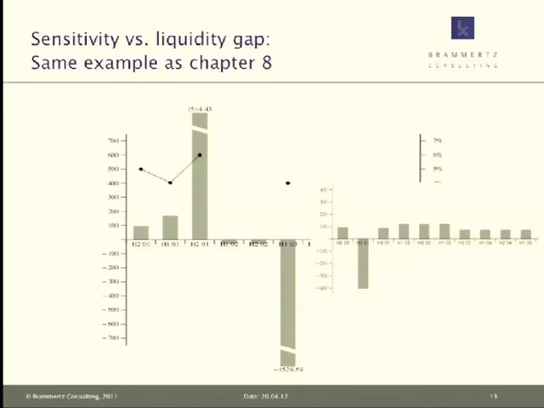So that's why the sensitivity gap is much shorter. It's much more to the present than the liquidity gap. So we get the liquidity late, but it's early sensitive. That's the difference. And if you go through all the examples, then you will see that.